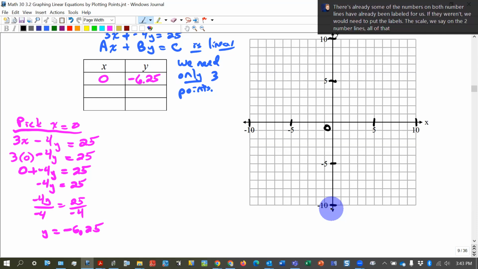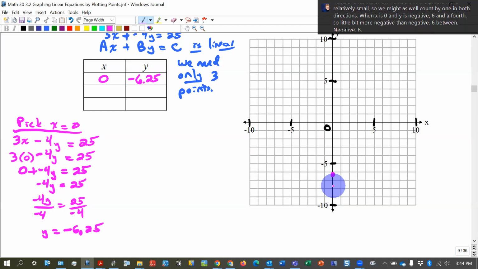All of the numbers in this problem are relatively small, so we might as well count by 1 in both directions. When X is 0 and Y is negative 6 1/4, so a little bit more negative than negative 6, between negative 6 and negative 7.